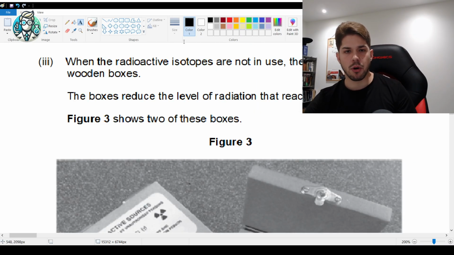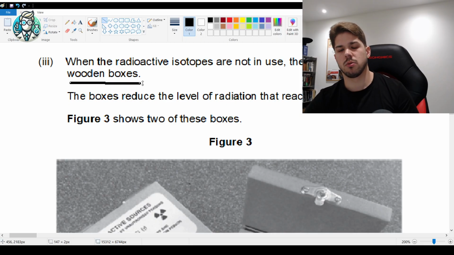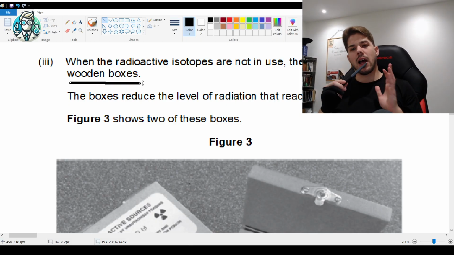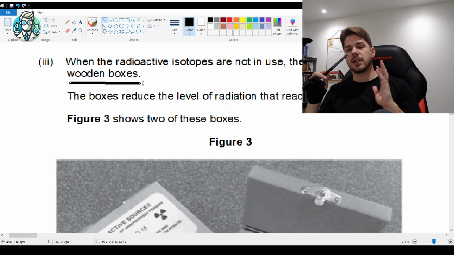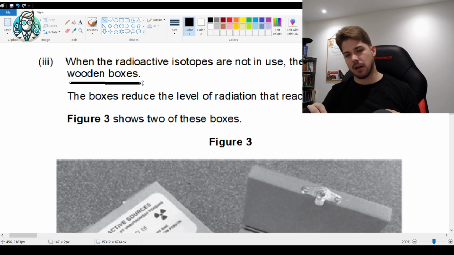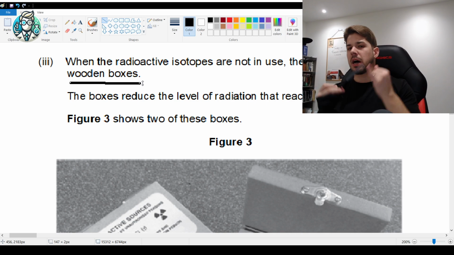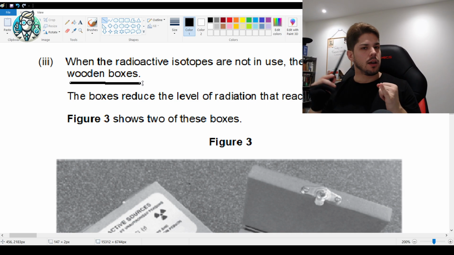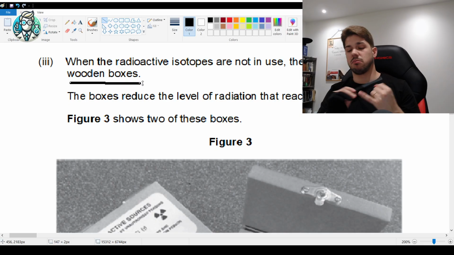We need to go back to the box. They are saying that the box is made of, and I will highlight it, lead wooden box. So a radioactive decay that is able to pass through a lead wooden box can only be gamma. Only gamma. Why is that? Alpha particles, as I mentioned earlier, can be stopped with just paper.